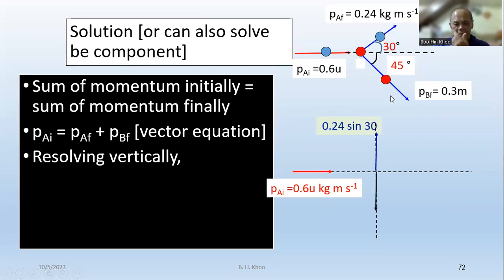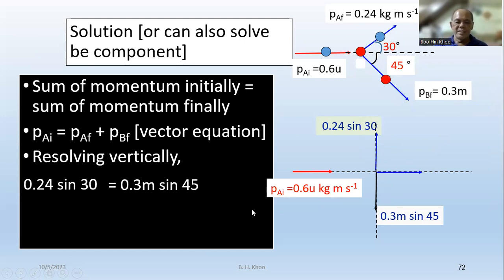Resolving this one vertically, 0.3 m sin 45. So these two must be equal. 0.24 sin 30 equals 0.3 m sin 45. From this we can calculate our m.